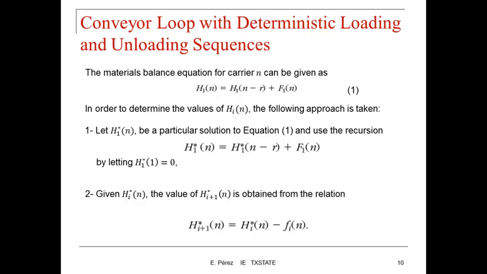Then any other station you can find using this equation. Any H_{i+1} can be found using the results that you find for H1, which is going to be this part of the equation minus the values of f.